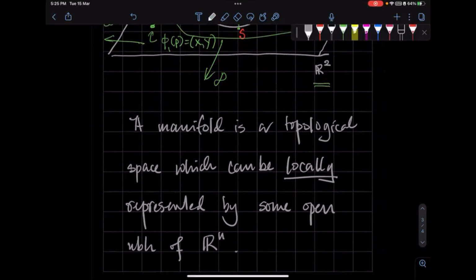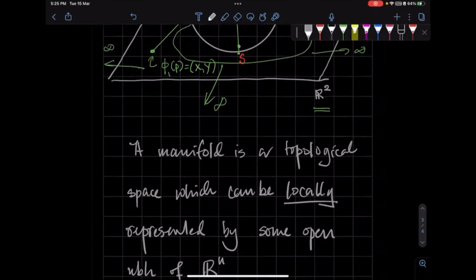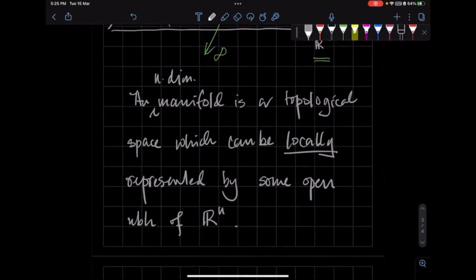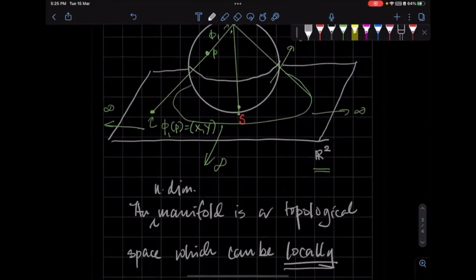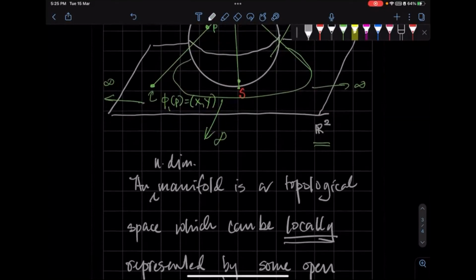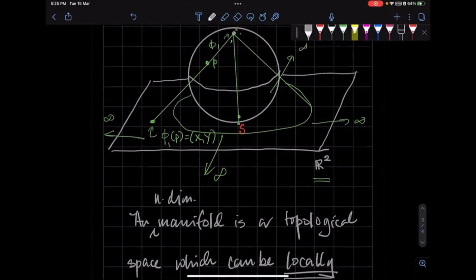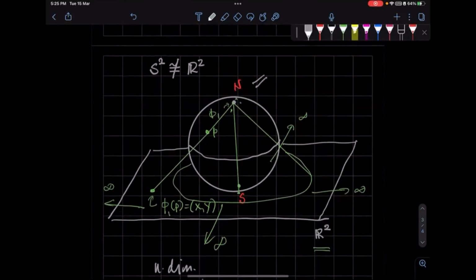In this case, it's R2, okay? Or for an n-dimensional manifold. So here, local means that it cannot be globally covered. Here we see that the North Pole is excluded from this particular map.